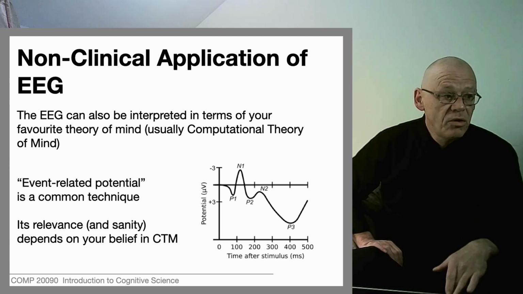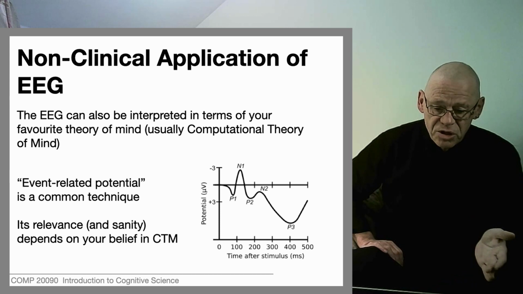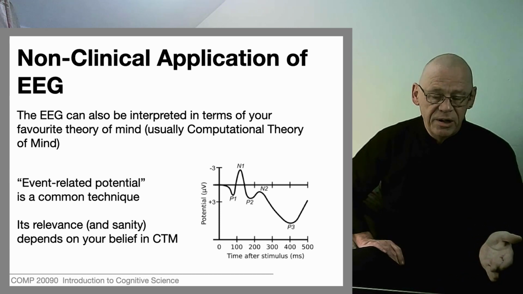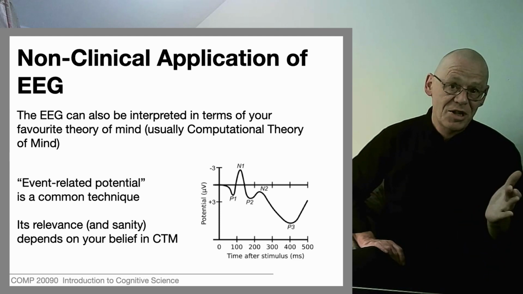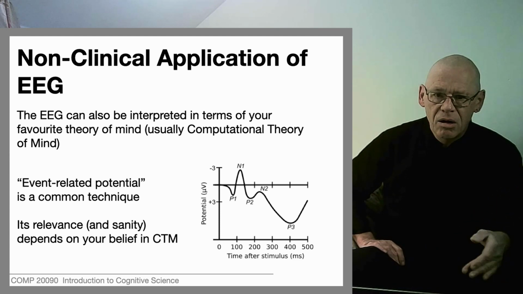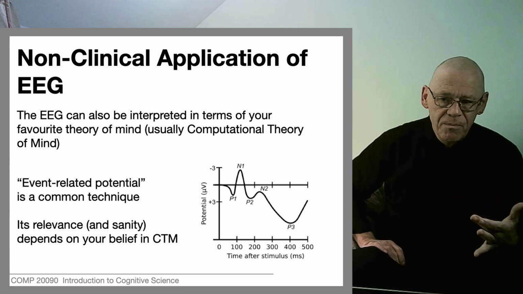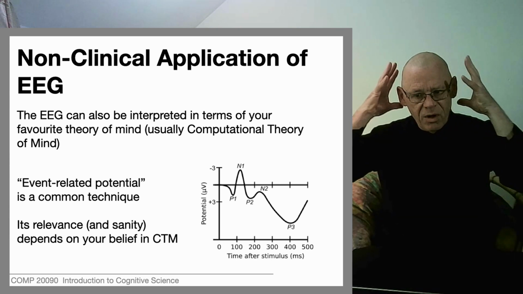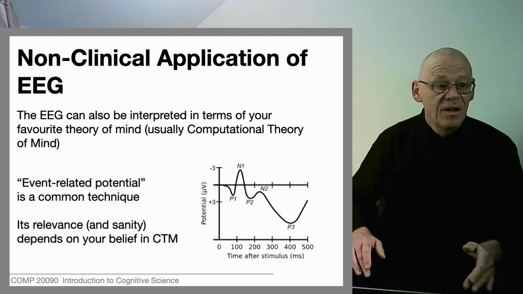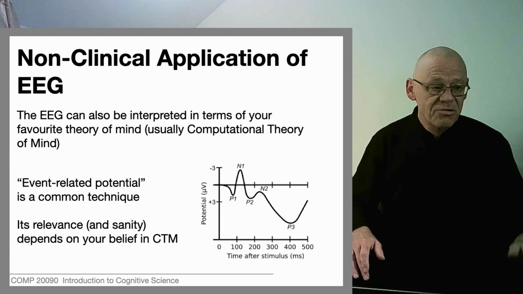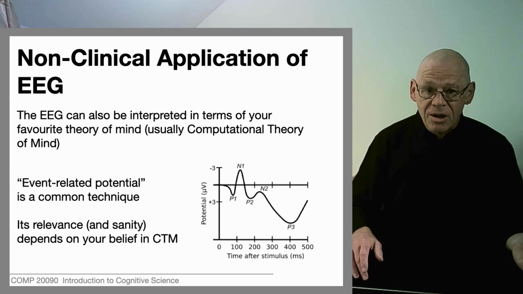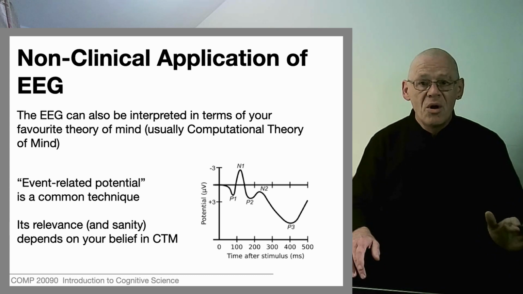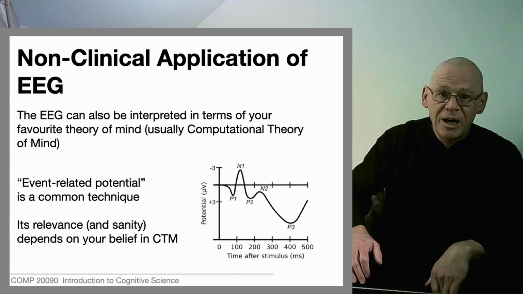A common technique used is called the event-related potential, which involves subjecting some innocent subject to the same stimulus, the same thing, over and over again, and averaging the recordings over all these presentations to see what's left. And you end up with a trace like this, an event-related potential. Whether this can be meaningfully interpreted or not, whether this is a sane undertaking or not, depends entirely on your view with respect to computational theory of mind.